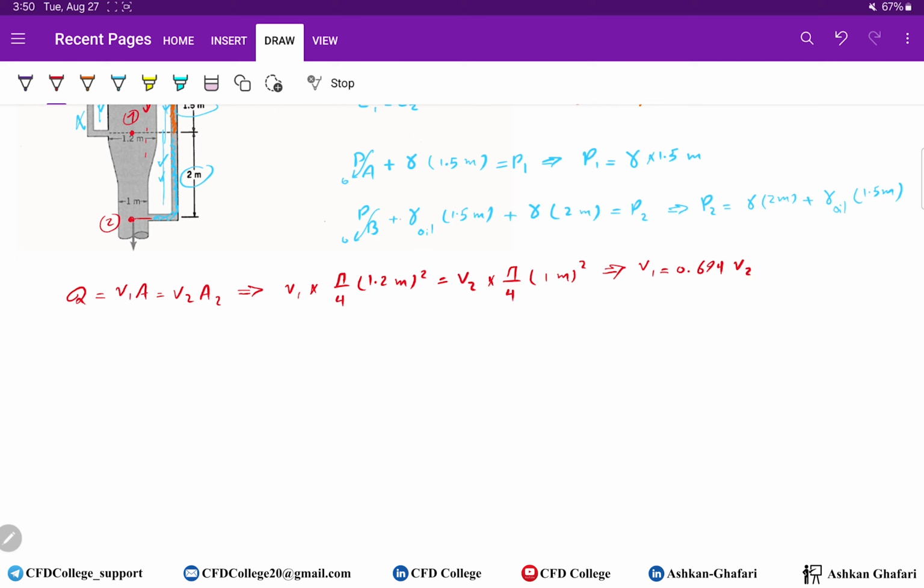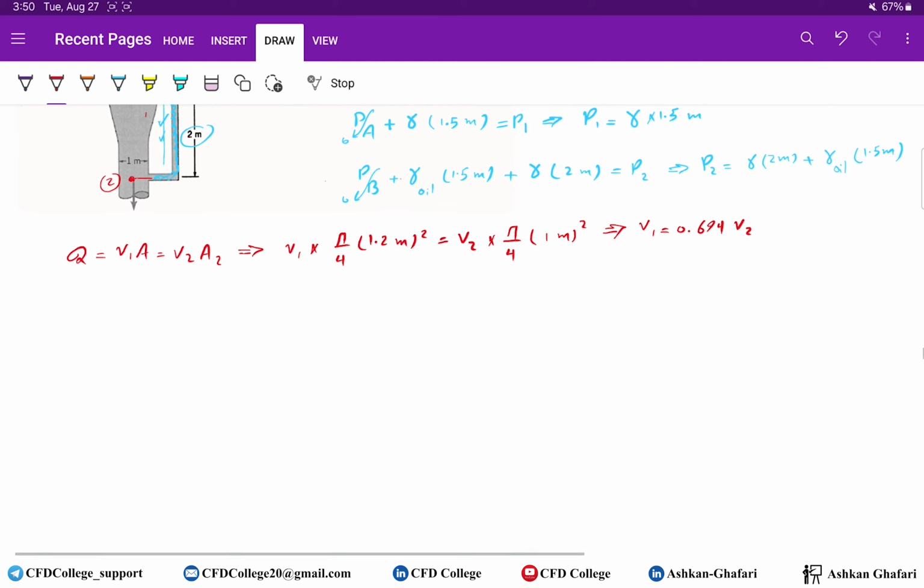Now we have everything, and we can solve the Bernoulli equation to find the velocity. So P2, let me change this a bit.